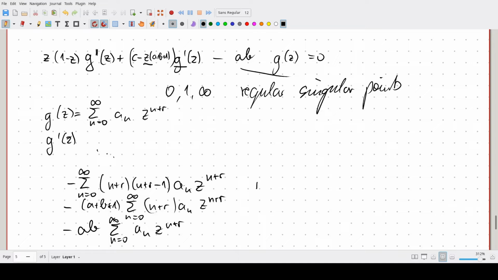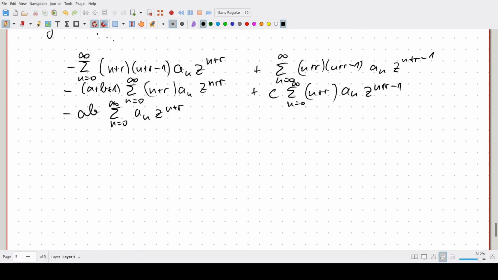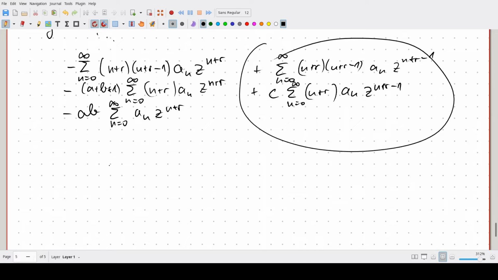And then we have plus n plus r, n plus r minus 1, a n z to the n plus r minus 1. And here we have the same thing with the c in front. So we really only have to index shift these terms there.